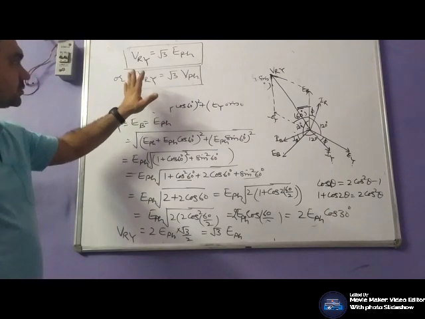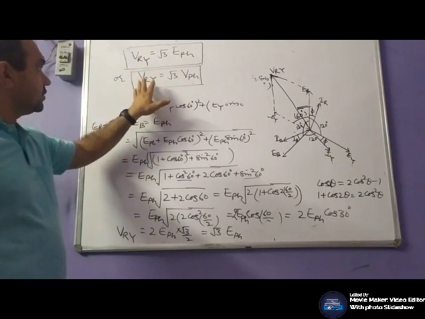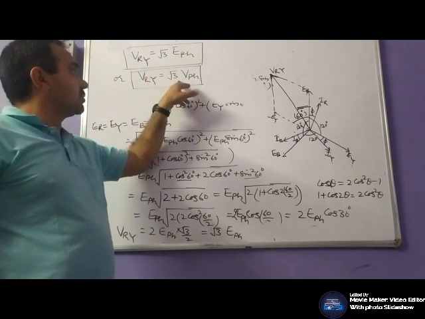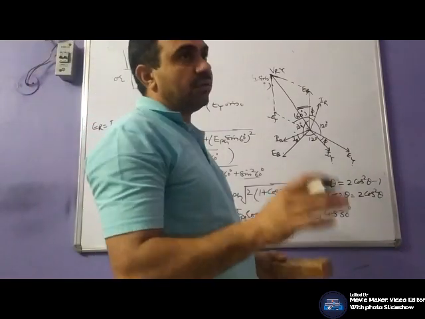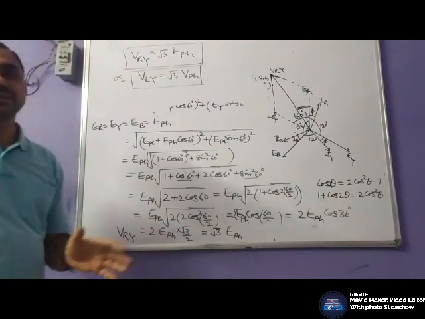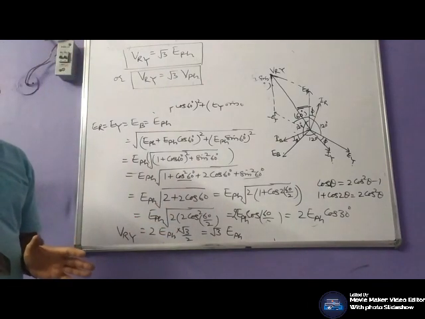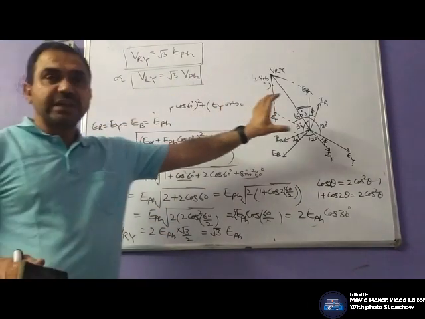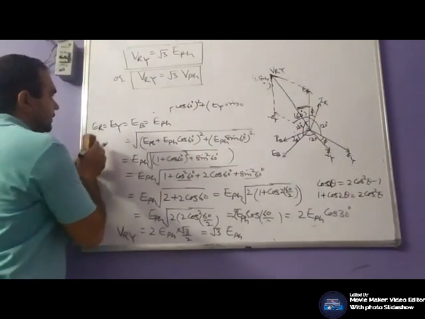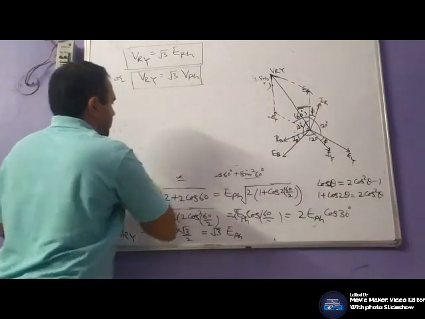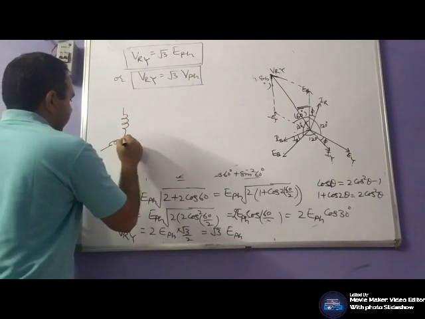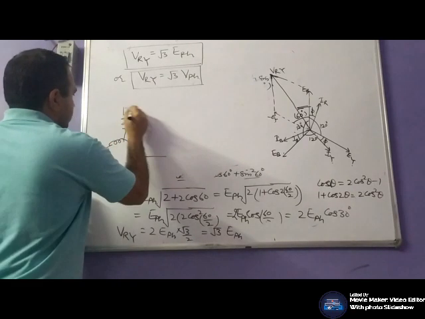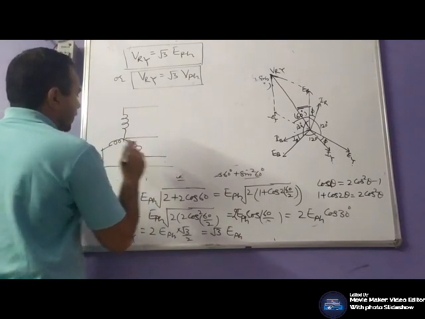So in case of star connection, your line voltage would be equal to root 3 of V phase. In your household, you get 3-phase supply as well as single phase supply. Single phase supply is between phase and neutral. This is your transformer connection.